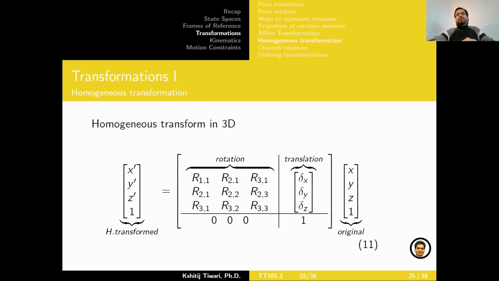Now, homogeneous transform is a neat algebraic trick which basically combines the translation and rotation in such a way that you only have to keep on multiplying the matrices as opposed to multiplying sometimes, adding sometimes, and then dealing with numerical instabilities.